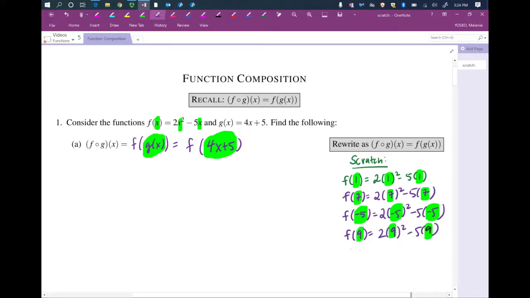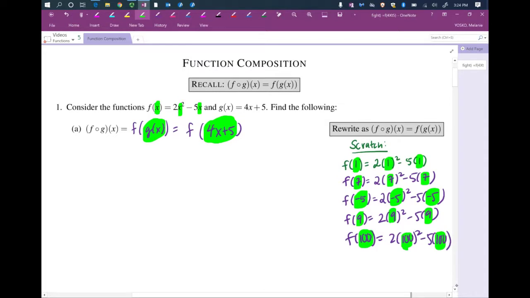What about f of 100? f of 100 is 2 times 100 squared minus 5 times 100. You're going to keep doing it until you start to hear your voice and you go, ugh, and you can tell that it's become boring.